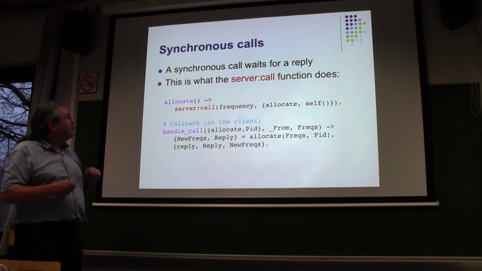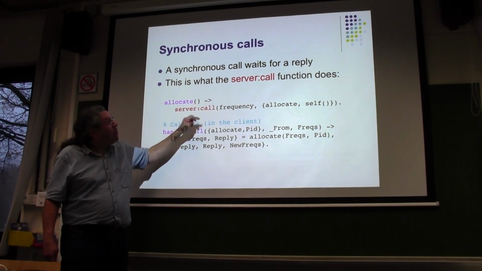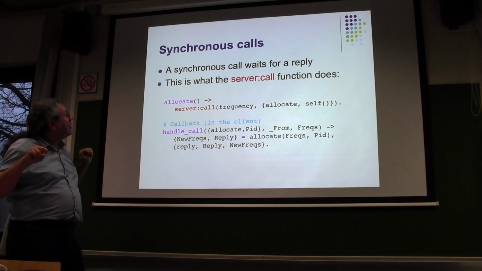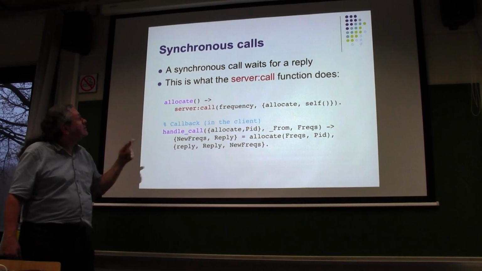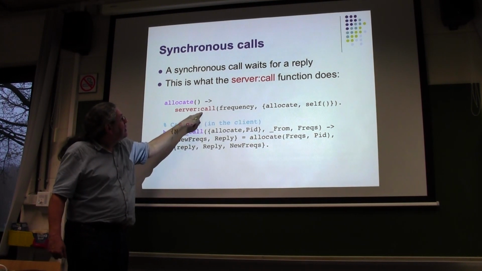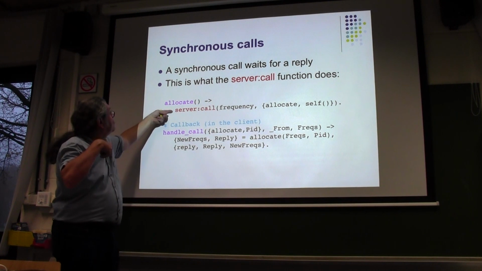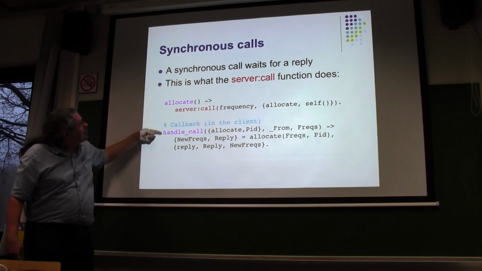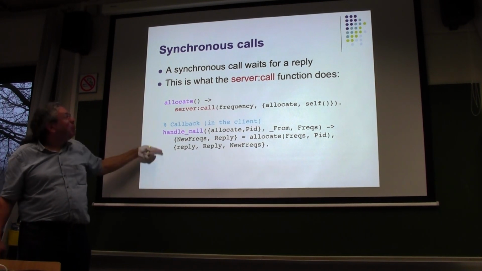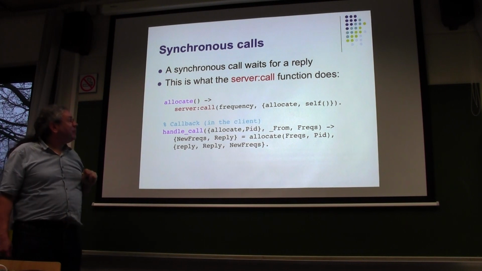And so the gen server will give you two patterns, two interfaces, which are called call and cast. So call here is actually a round trip. It waits for a return value. If you remember the frequency allocate example we did in the gen server, we used call, okay?